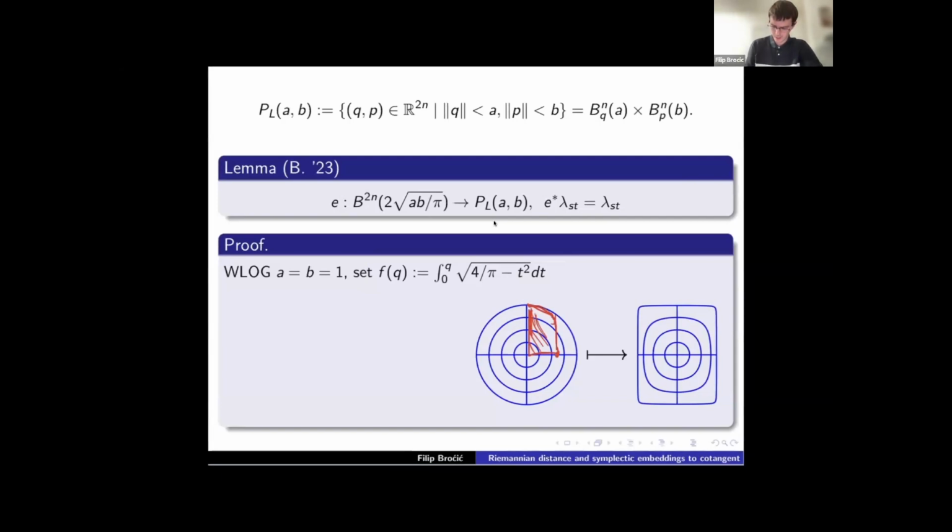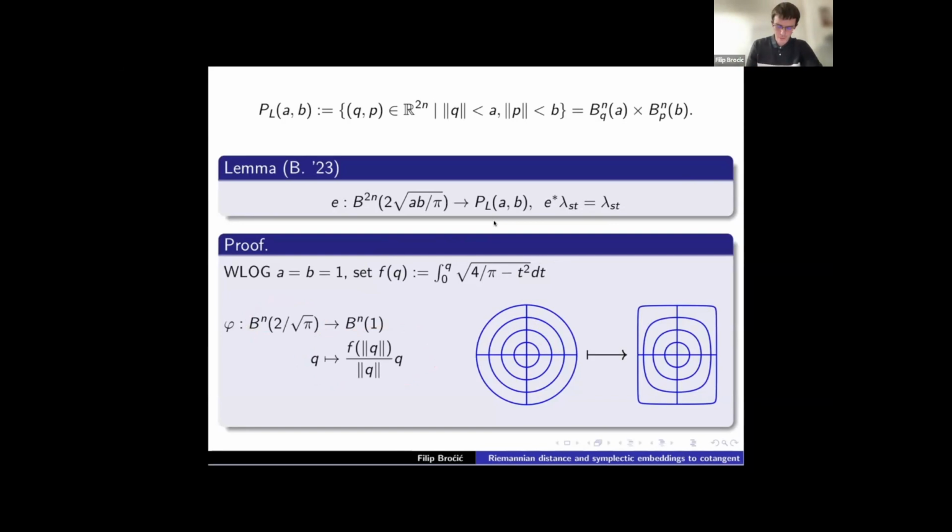With this function, I want to define a diffeomorphism sending the n-dimensional disk of radius 2 over square root of pi to the unit disk. This is defined using a radial diffeomorphism. It's sending q to f of norm of q over norm of q times q.